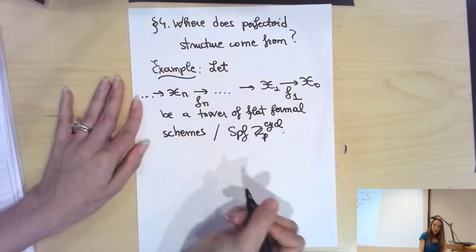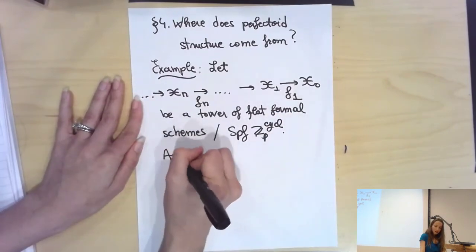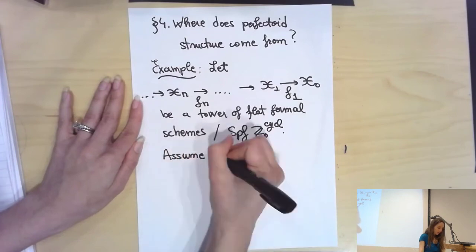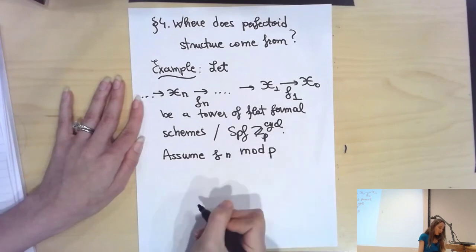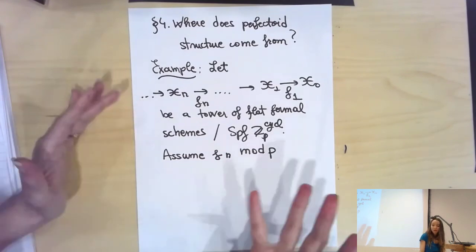And we're going to assume that the maps F_n, when you reduce them mod p, are the relative Frobenius.